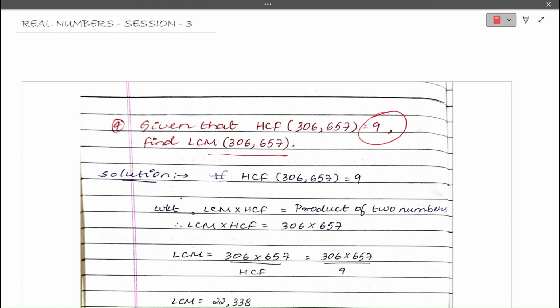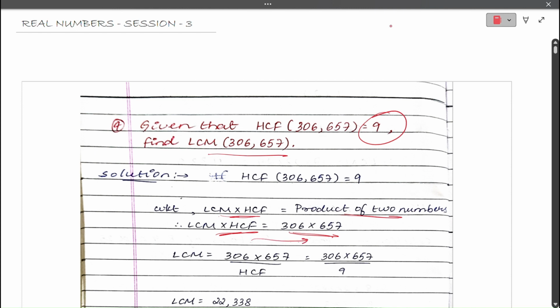Okay, so we know that LCM into HCF is equal to the product of the two numbers. So LCM into HCF is equal to, the two numbers are 306 and 657. Okay, so product of those two. So we know the HCF, bring it to the denominator.